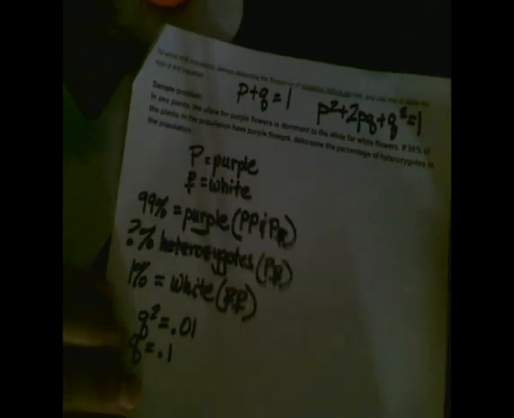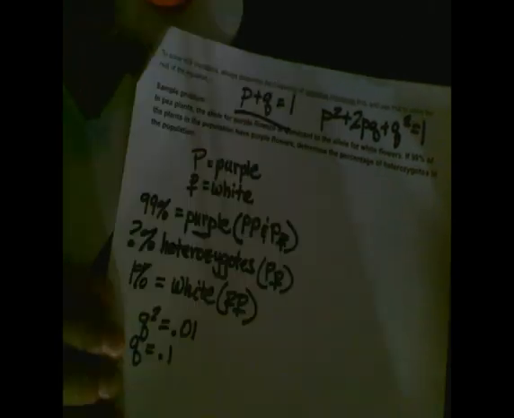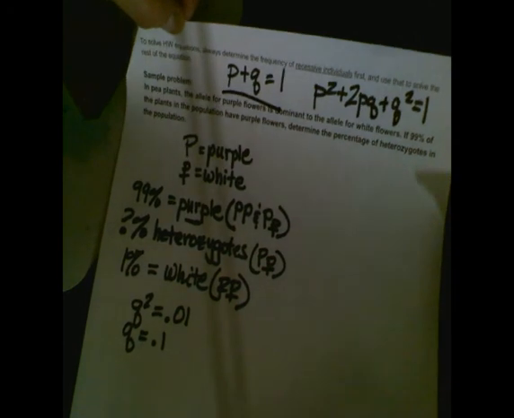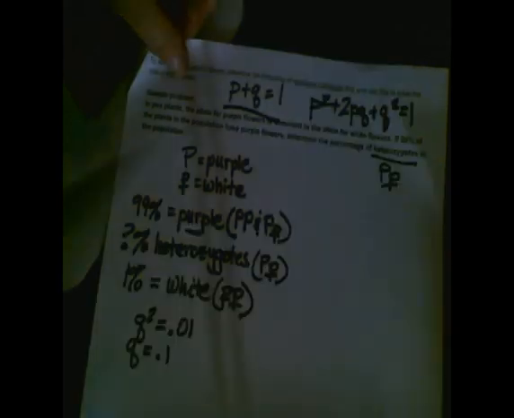Now, this is where remembering the fact that P plus Q equals 1 is so important. And also remembering, if they're asking for heterozygotes, that means big P, little p. So we have Q right now, which is the frequency of the allele little p in this population.